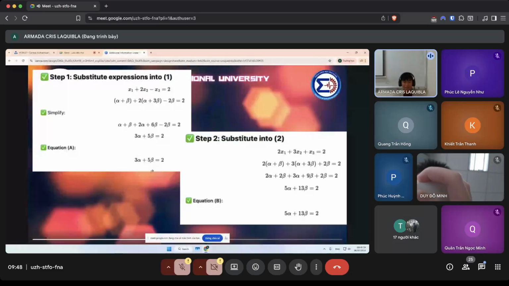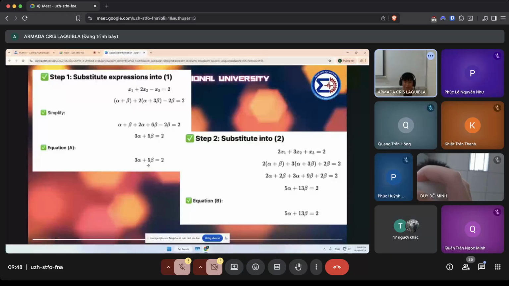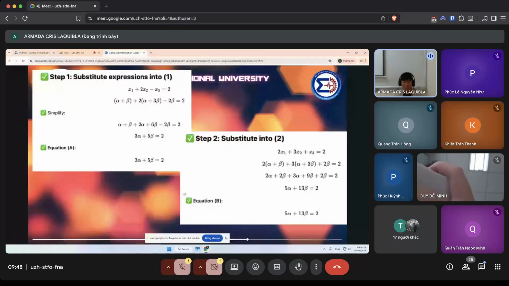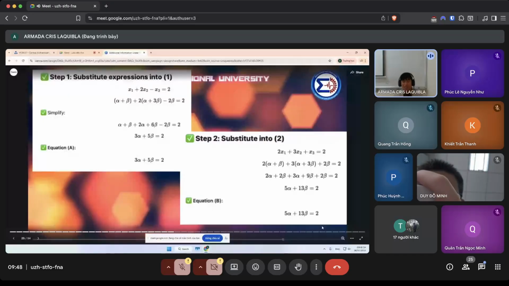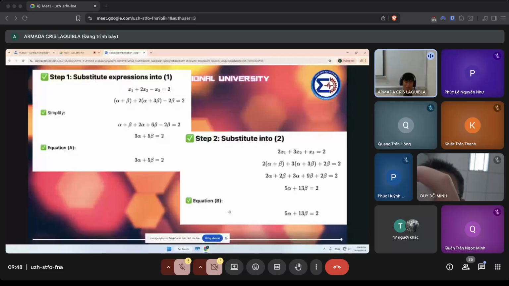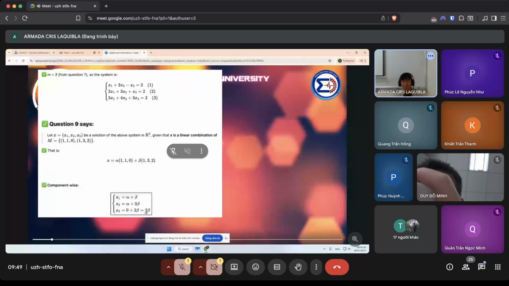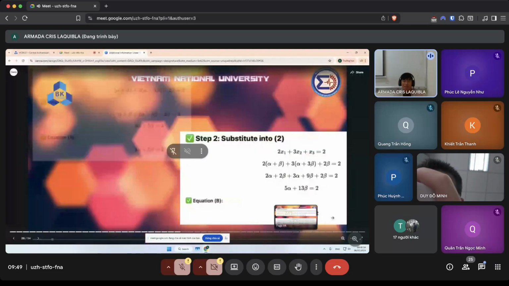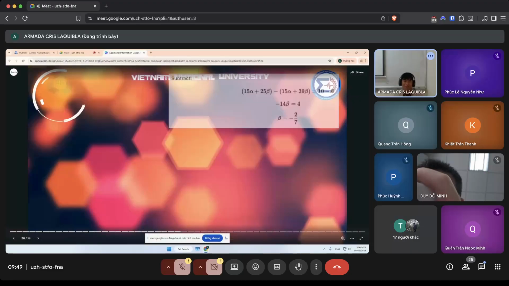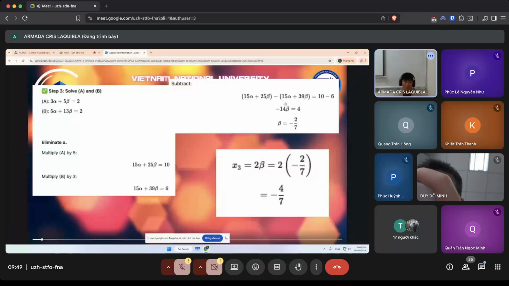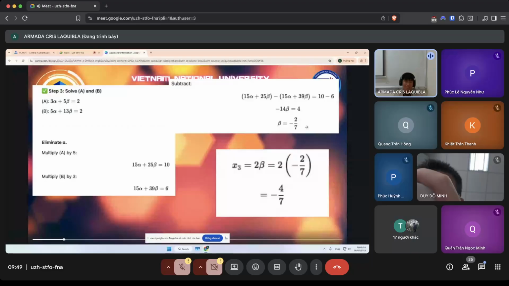So you have to solve the y there. Just type that in a calculator, and your calculator will give you a value of your beta or the y. After that, you multiply it with 2 because your x3 is 2 beta. And that's it. If you do that, you have a beta already, which is negative 2 over 7.